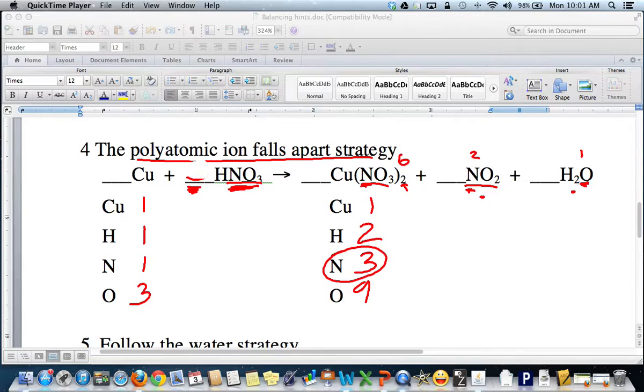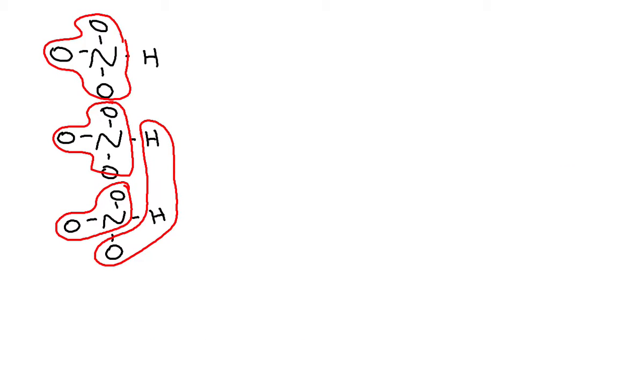No. 6. Oh, don't get carried away. How many more hydrogens do I need to make water? Oh, 4. Change it to 4. I only need 1 more hydrogen, so if I change that to 4, now I got to add a whole nother HNO3, right?